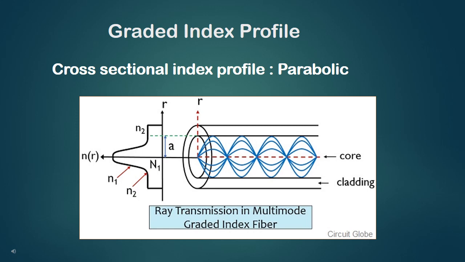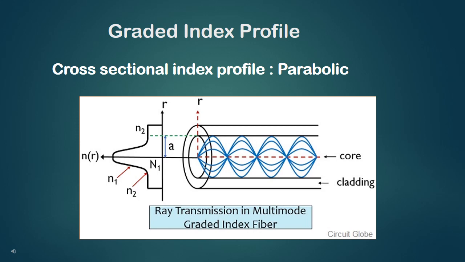Since we know that light travels more slowly in a high refractive index medium, inside the core the light travels more slowly in the high index region of the fiber core, and this will lead to a significant equalization or readjustment of the propagation delays or transit times of different modes of light traveling through the core, so that the pulse broadening effect at the end of the fiber can be minimized.